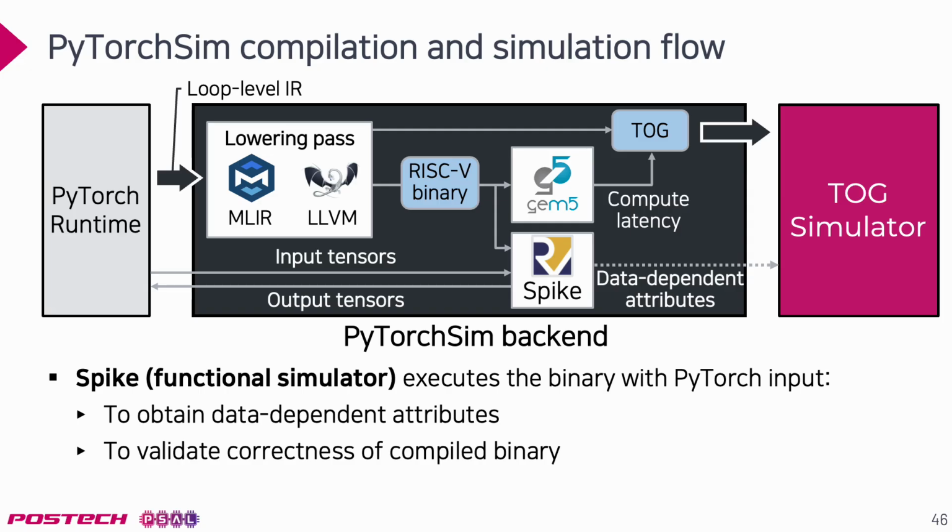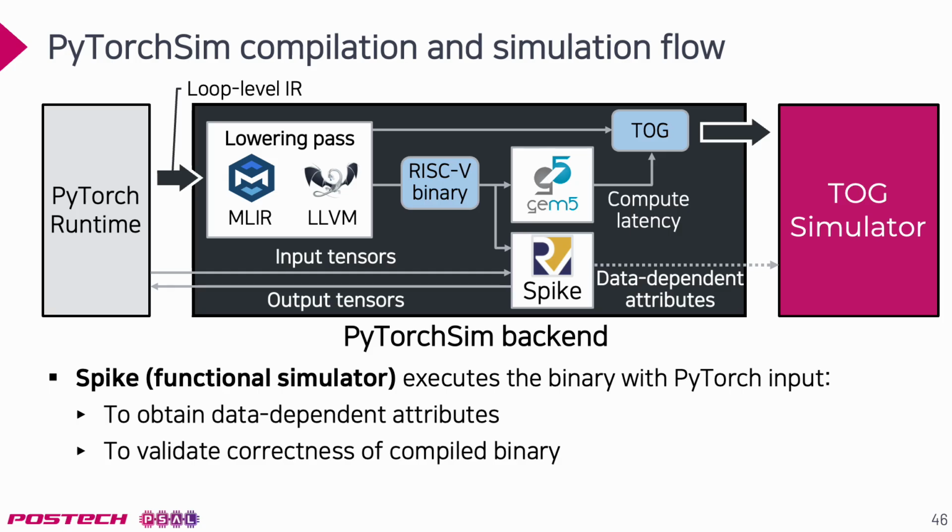Right. Yeah. So the compilation process happens dynamically when you use PyTorch runtime to execute the model. So when you start executing the AI model for inference or training, it'll start the compilation process, and we can then generate the binary and the TOG.